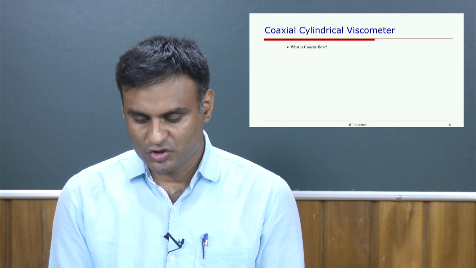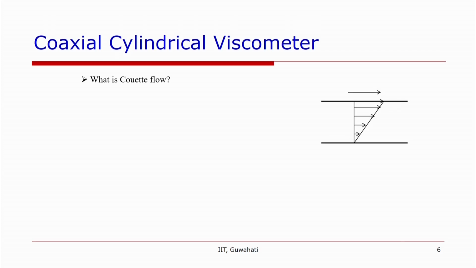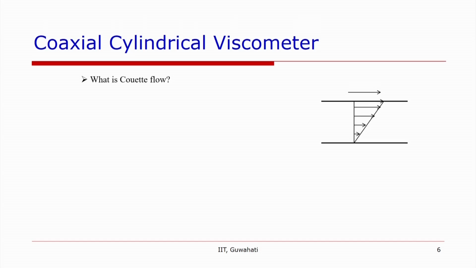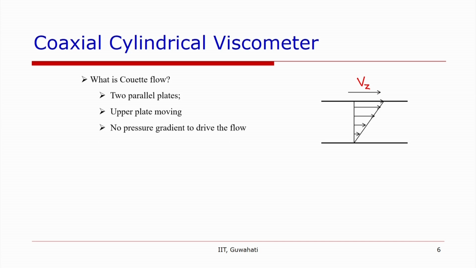If you remember the flow between two parallel plates, two infinitely long plates parallel to each other, there is no pressure gradient in the flow, but the upper plate is moved with a velocity, let us say capital V subscript Z. If the upper plate is moved with a velocity Vz, there is no pressure gradient to drive the flow, then this flow is known as Couette flow.